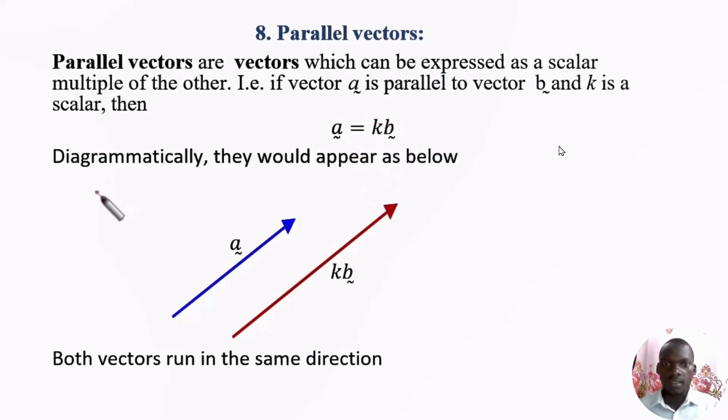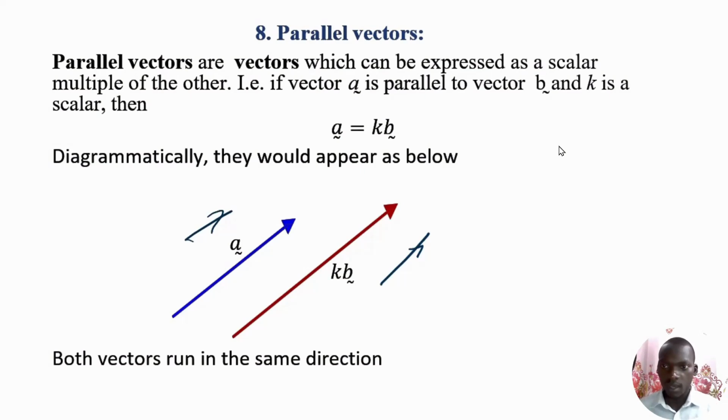Diagrammatically, these parallel vectors can be represented as you can see in this illustration below, whereby vector A is taking this direction, and vector B is also taking the same direction, and we are saying that these two vectors are parallel and running in the same direction.